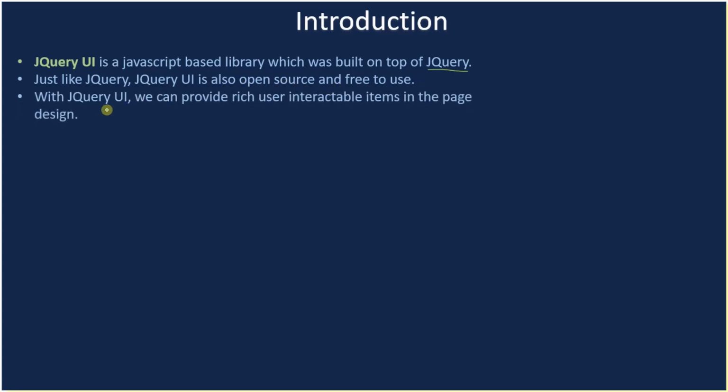With jQuery UI, we can provide rich user interactable items. So the UI is the goal of this jQuery UI library. Previously we learned about the jQuery API, and we learned that the jQuery API provides interaction with the DOM elements.